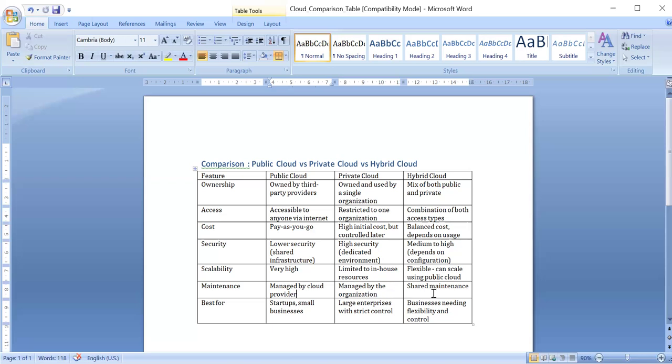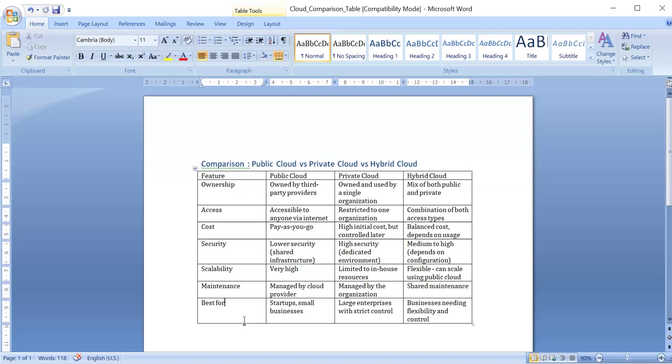And in hybrid cloud, some parts are maintained by the team members, and some parts are maintained by the cloud providers. So here, cloud providers maintain everything. Here, your team members maintain. Here, some part is maintained by the cloud providers and some part is maintained by the team members privately.